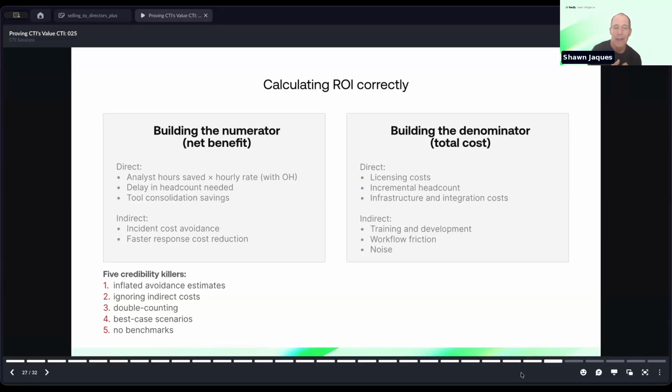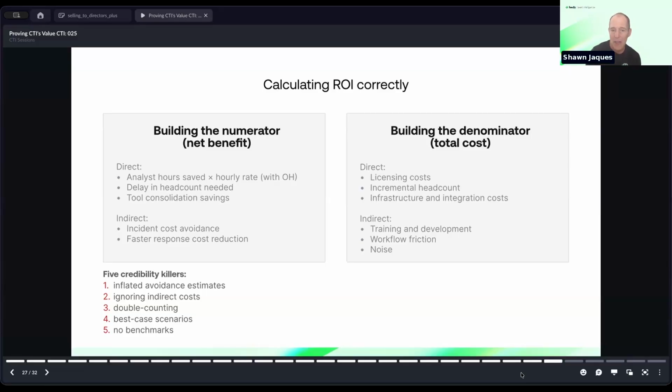You want to include a delay in headcount needed, which is actually cost is cash, right? Time savings of a person is slack recovery, right? So they can do something else with that time. So there are different ways of thinking about these hours, and it's really important to be clear what the measure represents when you're talking to your finance team.